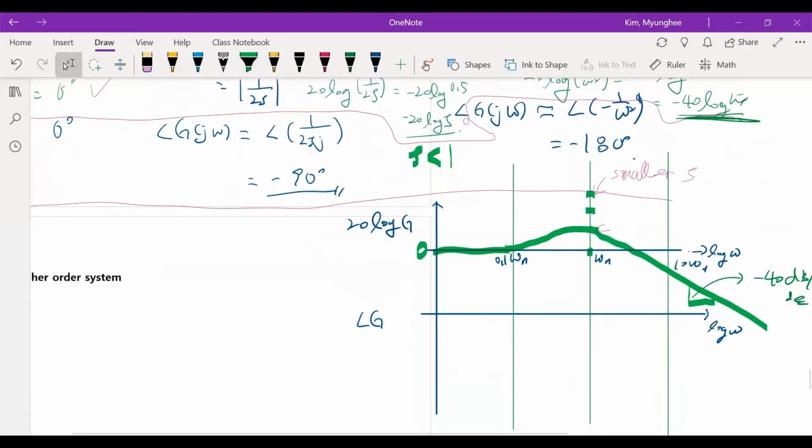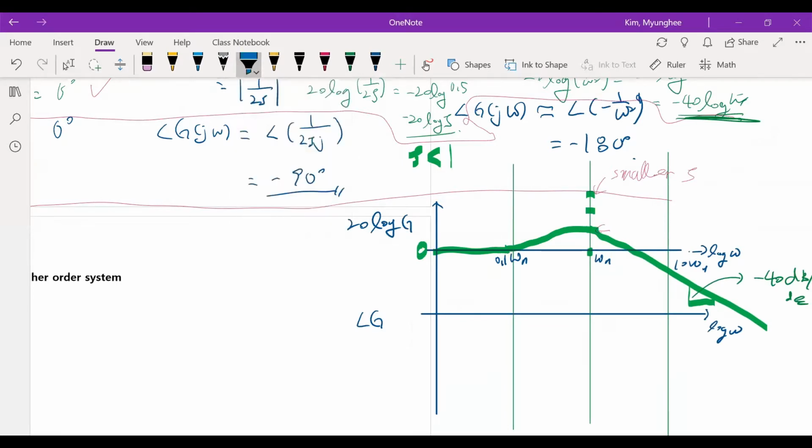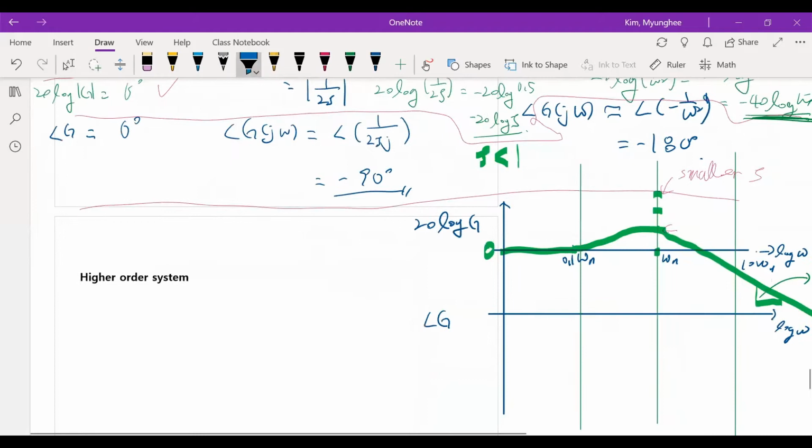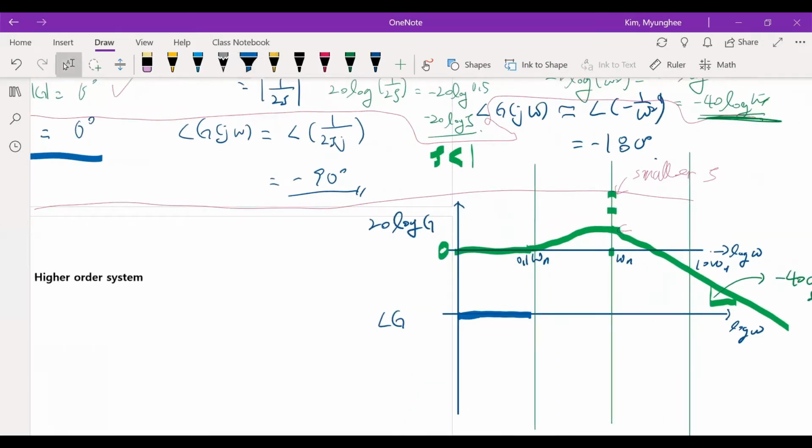And the angle will also change. Then for the angle, let's do this. When the ω is very small, angle is 0. So it will be here. And then when the ω is the natural frequency, it will be negative 90 degrees.